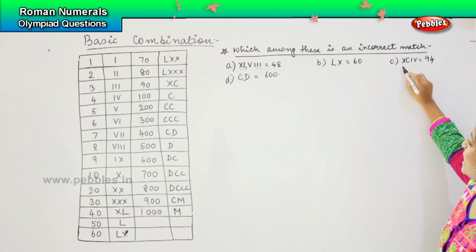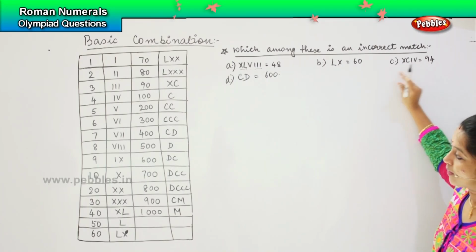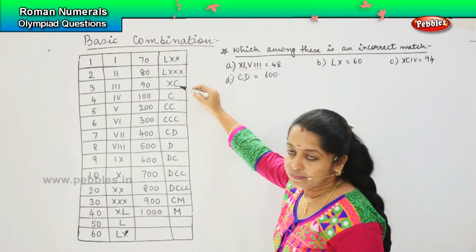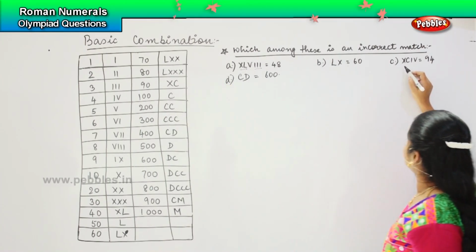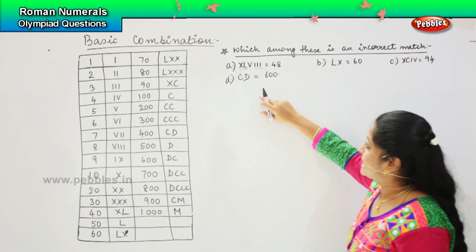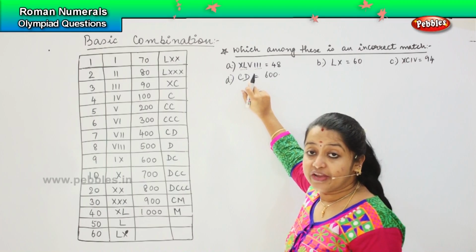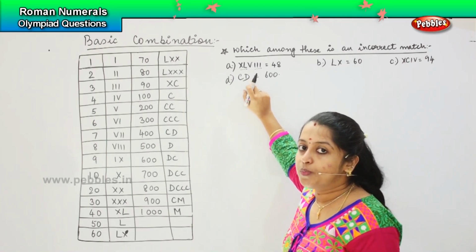Next one, XCIV. XC we know it is 90, right? See here, XC is 90. So 90 and 4, 94. Is it right? Good. Next is CD. C is 100. D is 500. And here is a loophole.